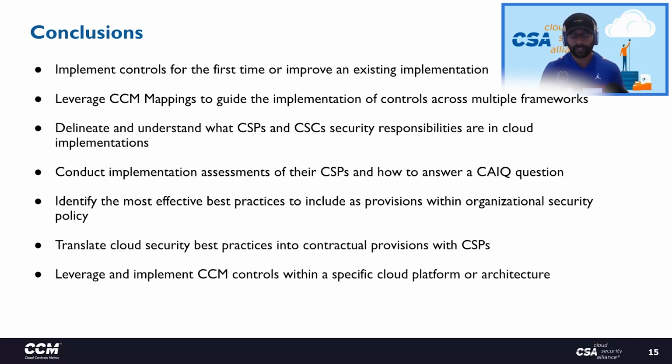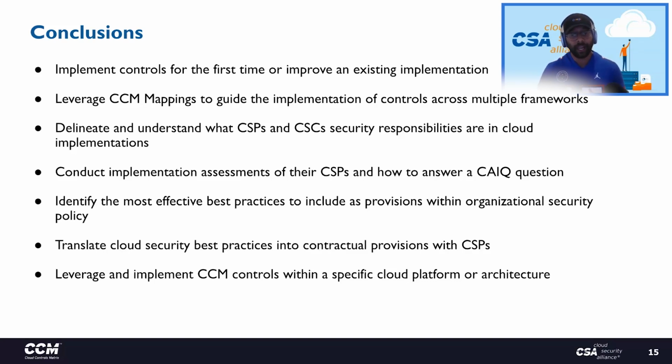What that means is we need to implement the controls for the first time or improve on the existing implementation. We need to leverage CCM mappings to guide the implementation of controls across multiple frameworks. This helps cloud service customers implement the control once and show compliance to multiple regulations, industry standards, and frameworks in a single shot.